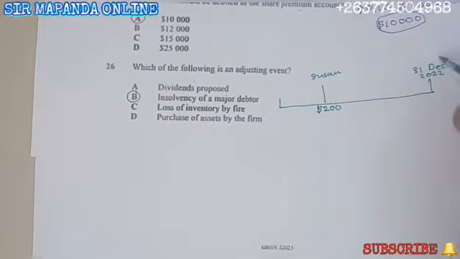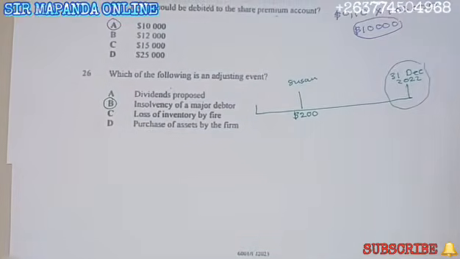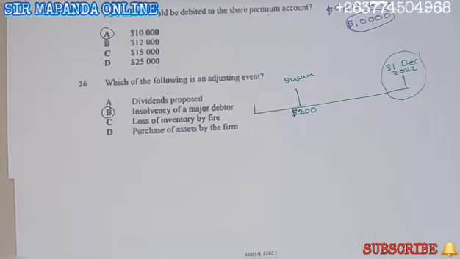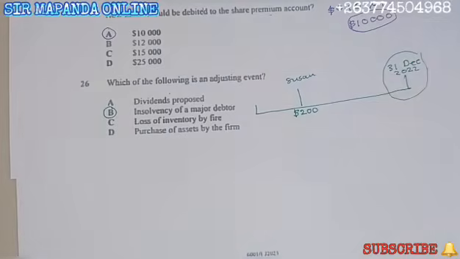But after preparing the balance sheet, we heard that Susan maybe ran away, or Susan disappeared. And there is evidence that Susan is no longer coming back. It means we need to write off Susan as a bad debt.